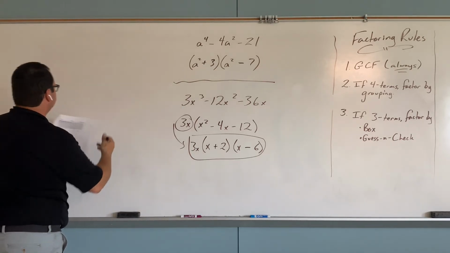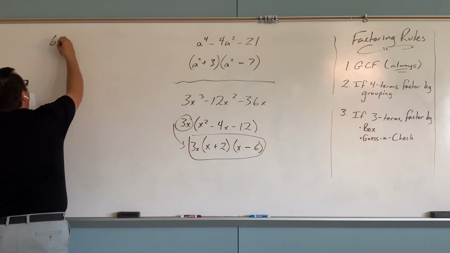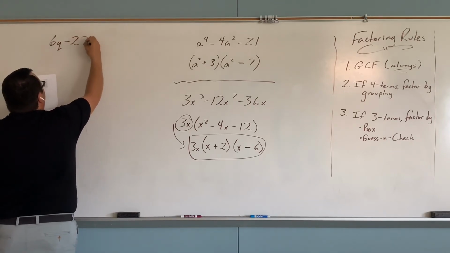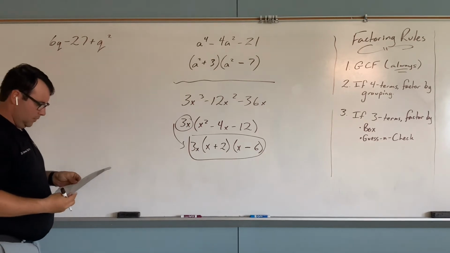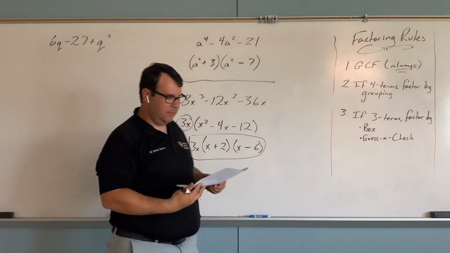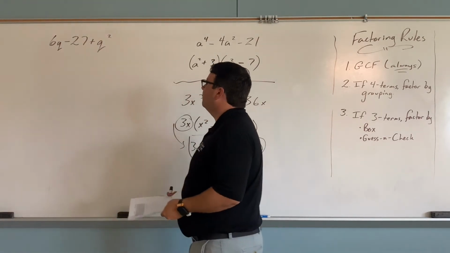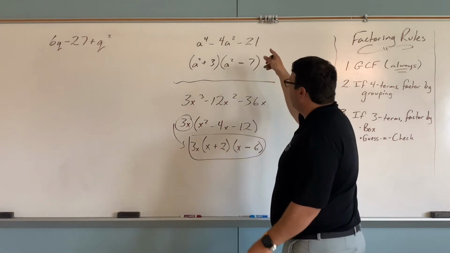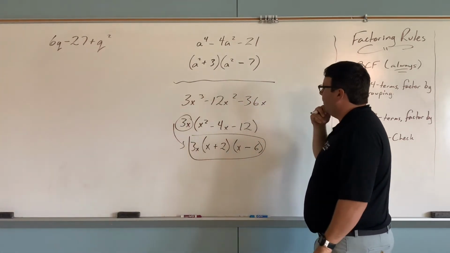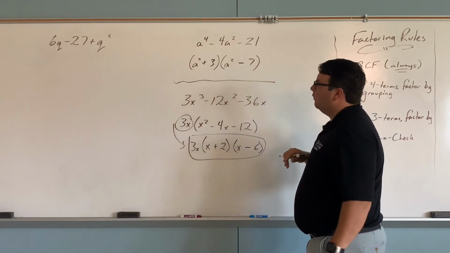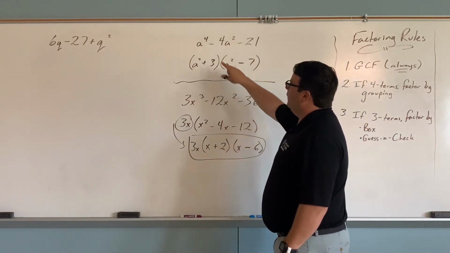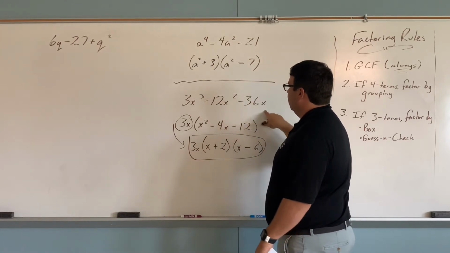Let's try another one. I have 6q minus 27 plus q squared. This one looks a little different. So I'm looking at my other problems here just to go back and reference my notes a bit. These are in descending order.